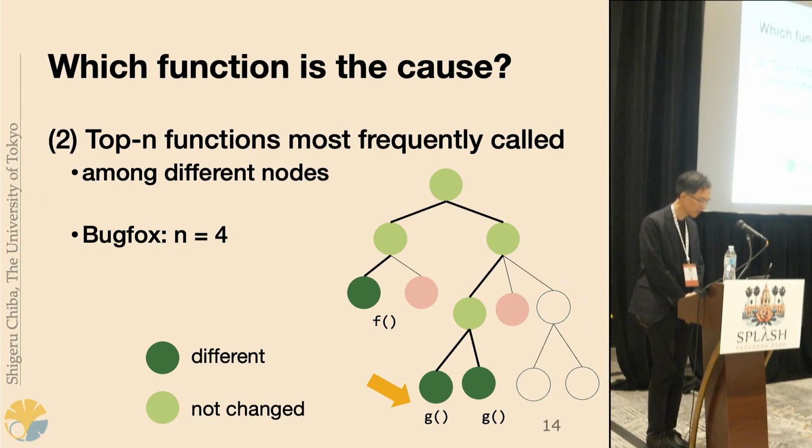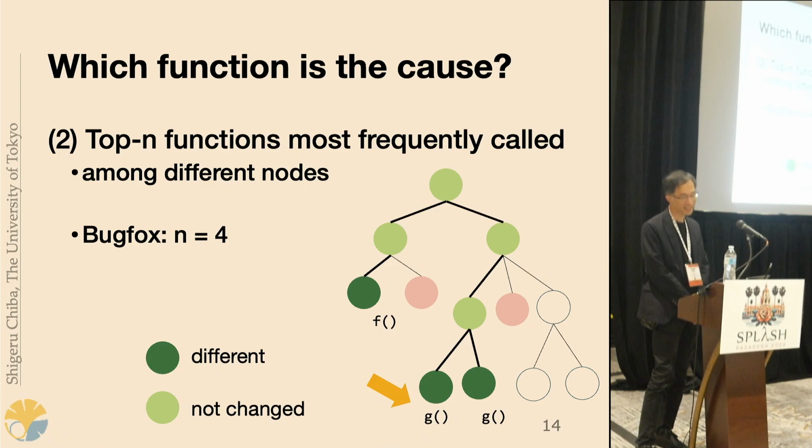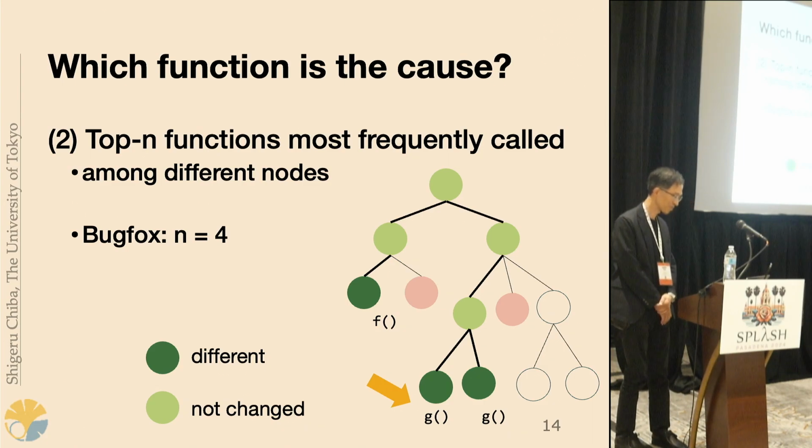This tool finds the top n functions with respect to the number of calls, and during our experiment, we use the number n. So the tool finds the top four frequently called functions, and suggests those four functions as candidates of regression. So that's the things done by the tool.